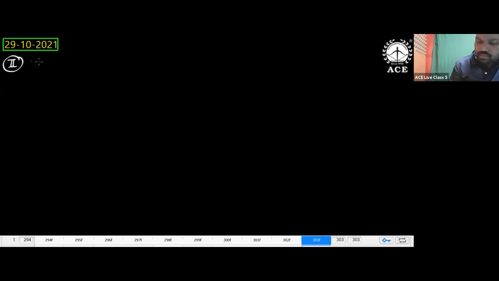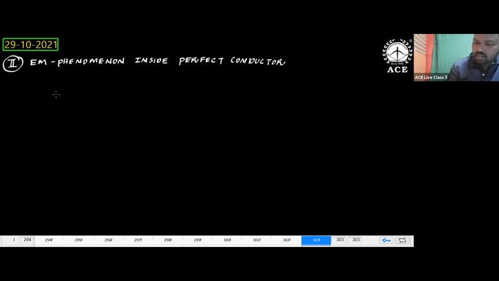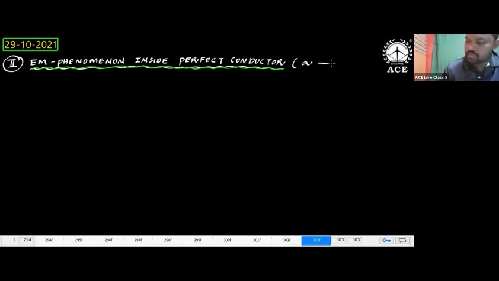EM phenomenon inside perfect conductor. What is a perfect conductor? A conductor where the conductivity tends to infinity is called a perfect conductor. Can EM phenomena survive inside the perfect conductor?